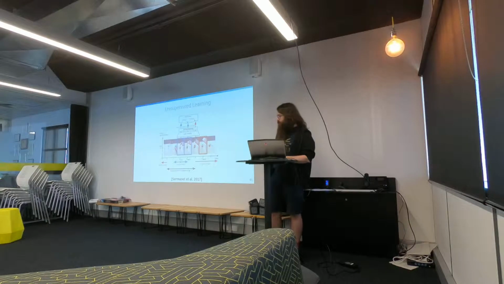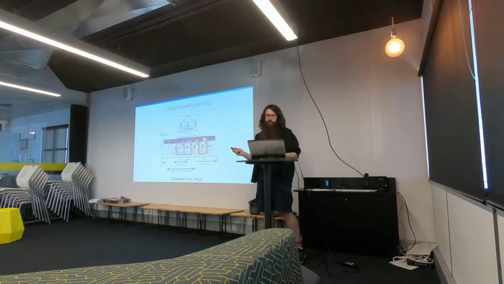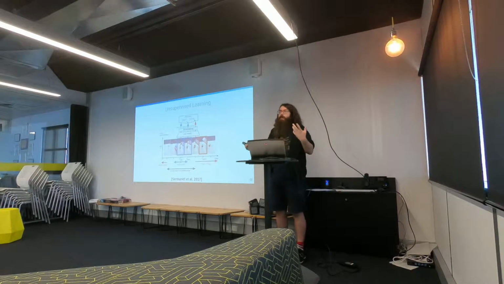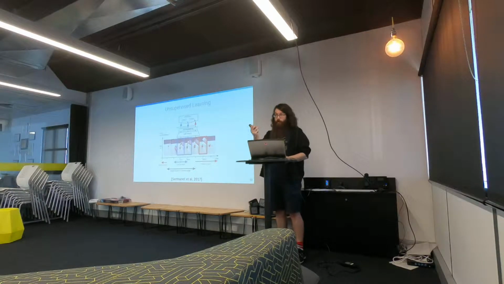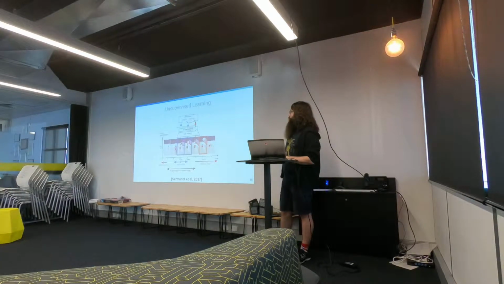In unsupervised learning, this is a recent example where instead of having a specific desired output, you just want to say that these two images are reasonably close, because we know they happened at similar times, whereas the blue image and the red image are probably not depicting something similar because they happened at different times.